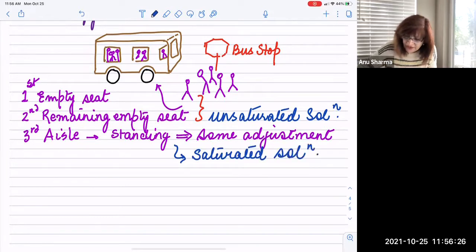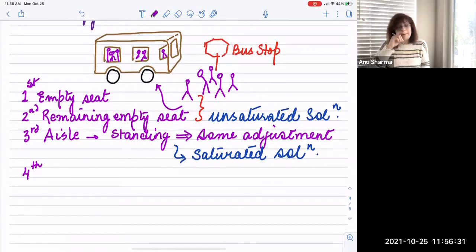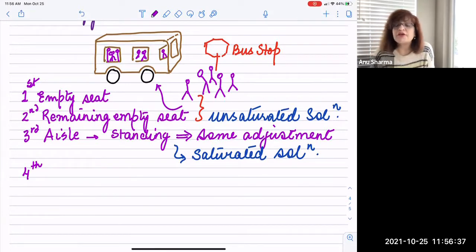Next is the last one, where there is no space available and people are still standing in the bus, people are sitting in the bus, nobody is able to move, right? Even if some adjustment is done, what happens? There are still people standing at the bus stand, wanting to board the bus, wanting to go home. That's the last bus of the day. So what are they going to do?